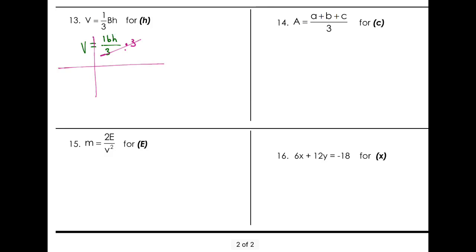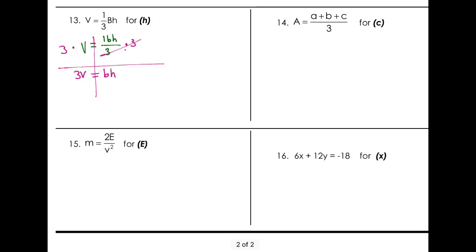Whatever you do on one side, again, it has to be done on the other. We don't necessarily need that 1 because it's the same thing as BH. 1BH is BH. And so we have BH is equal to 3V. Okay, now we want to get the H by itself.